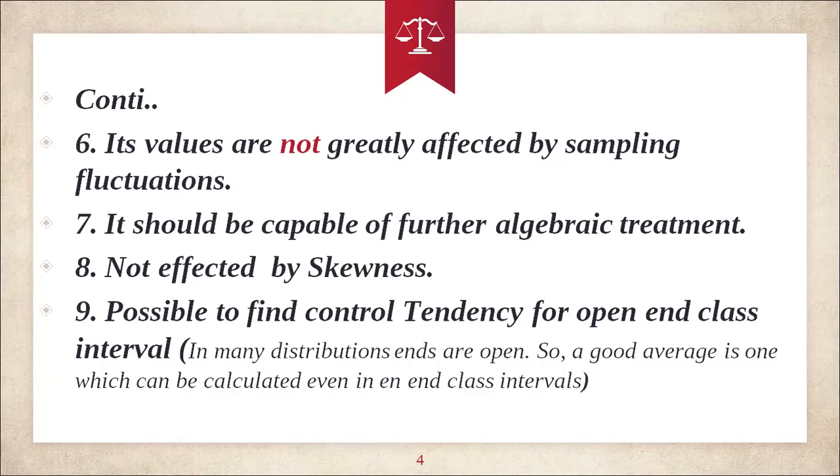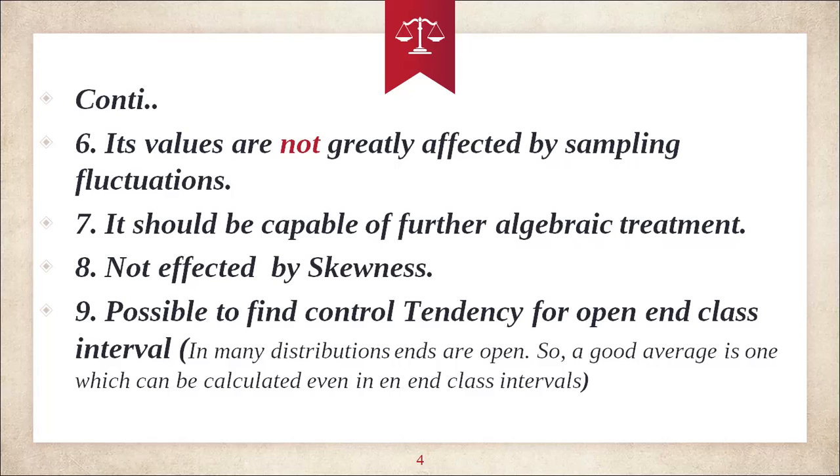The salary may be 0 to 10,000 in the first class, then 10,000 to 20,000, 20 to 30, 30 to 40, 40 to 50. After that, you may get 50,000 and above. Some people may get 50,000 and some may get more than that, which we write as 50,000 and above. That is the open-end class.